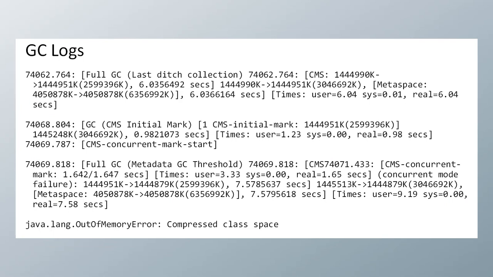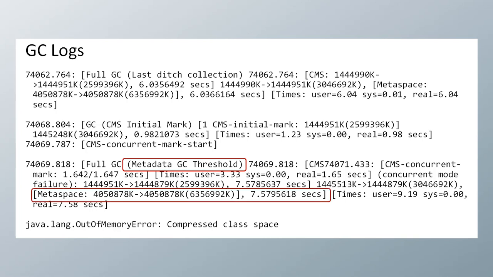This example has a GC log that shows that the last full GC happened because the metaspace had reached its threshold limit. But the metaspace here does not seem to be full at all. The metaspace capacity is at around 6 gigabytes and its occupancy is only at 4 gigabytes.